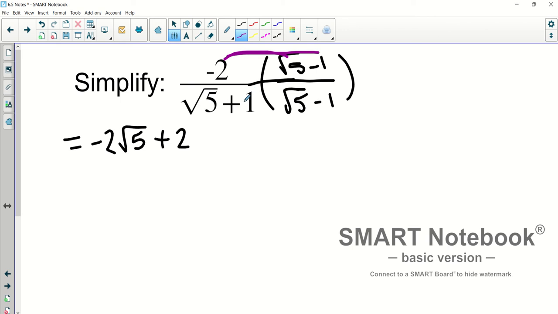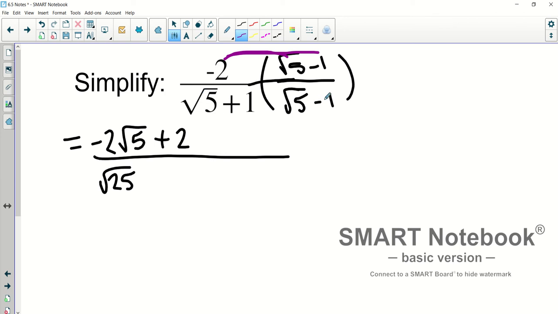Hopefully, again, you see this is just like the last examples we looked at in the last video, where you're multiplying two binomials. Here's two terms, here's two terms, so you need to use that distributive or FOILing that a lot of you like to call it. So square root of 5 times square root of 5 becomes square root of 25.